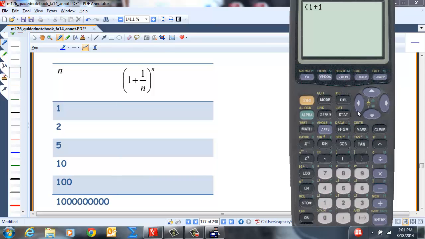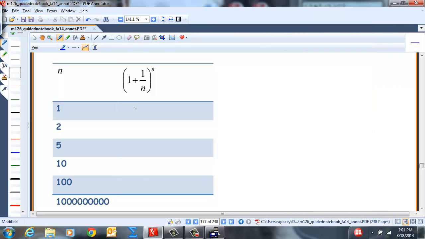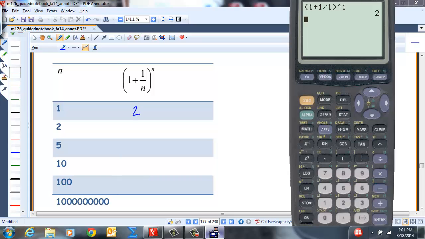We're letting n equal 1. 1 plus 1 divided by 1, raised to the 1. And you see we get 2. So this guy here is 2.